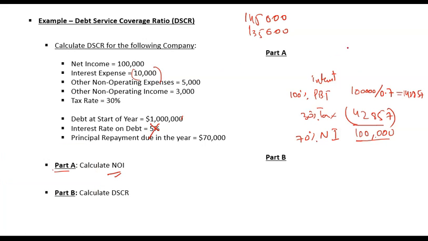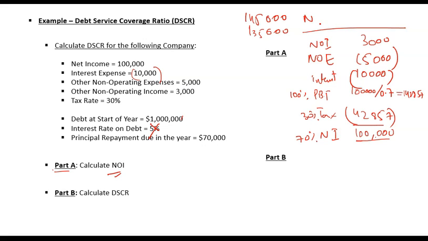So 10,000 interest expenses. What comes above interest expense? Above interest expense will be other non-operating income or other non-operating expenses. So non-operating expenses are 5,000 and non-operating income is 3,000, and then this should be your net operating income.